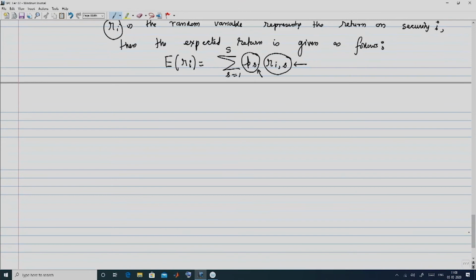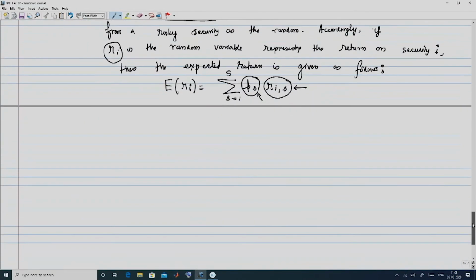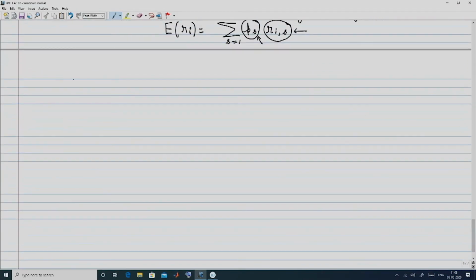So, here I have calculated the expected return. Now that we have talked about expectation and the expected return of the security, we move on to the next pillar of the Markowitz model, namely the risk.